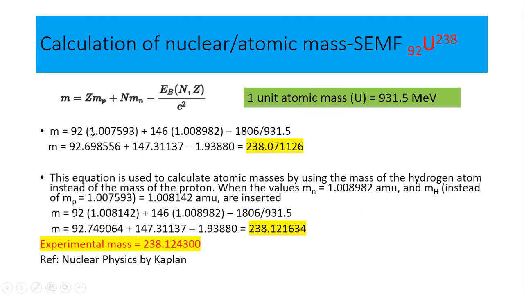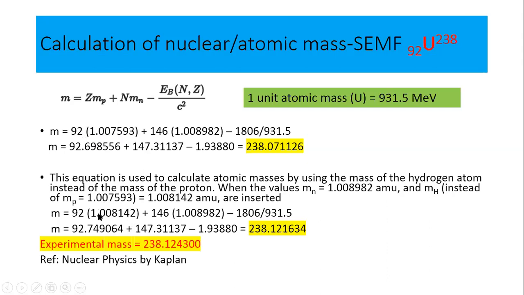So there are two ways to calculate. One, this is a proton. If I put the mass of the hydrogen instead of the mass of the proton, the difference is only the mass of the proton.